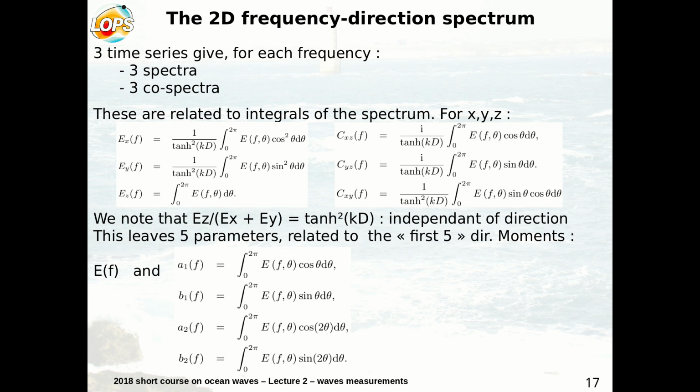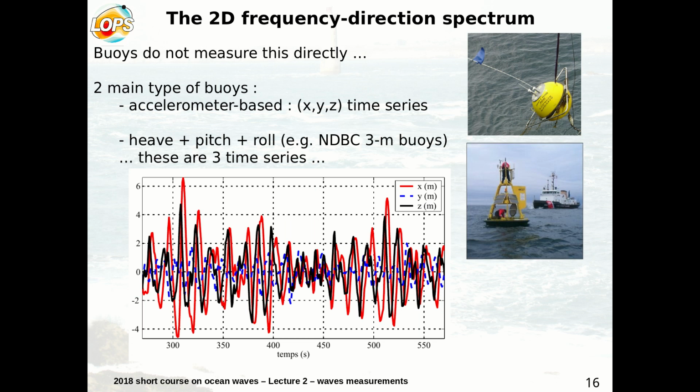And the sign, so this can be positive or negative, that integral here, if it's shifted one way or the other way, and we can think about it a little more. So here you can see that the x is maximum after the z. So imagine the buoy is going around like this. So it's going up and then forward and then down and then back.